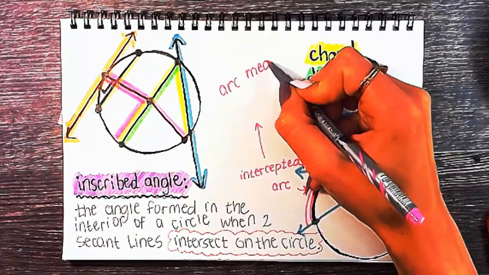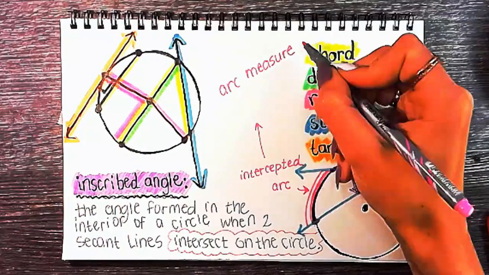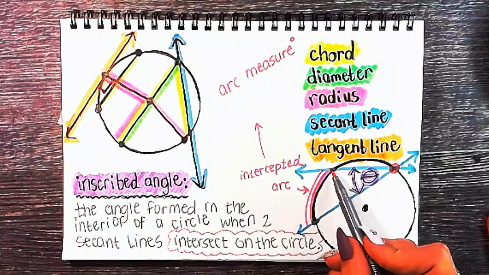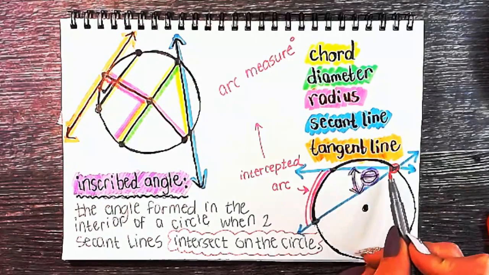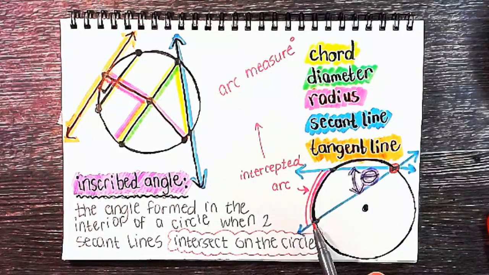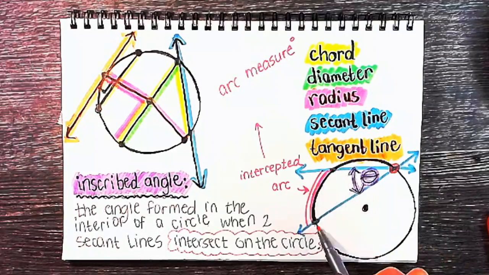There was arc measure and there was also arc length, but arc measure was done in degrees. The arc measure of an intercepted arc will be double the measure of the inscribed angle that passes through those same points.